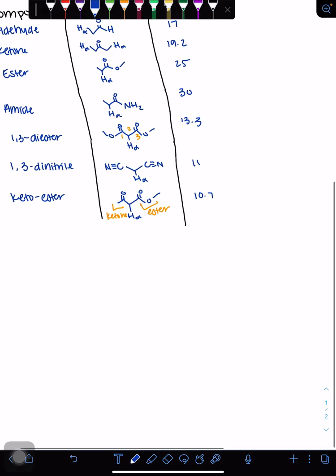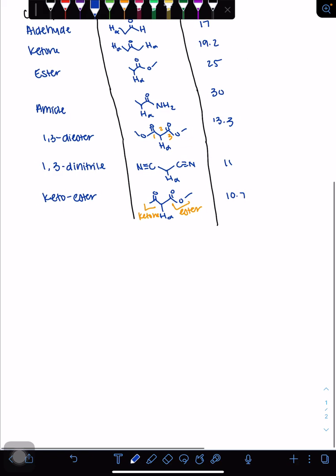Now we can look at a quick reaction. What if we had this compound, and we don't know what we'll react it with to give us this? So we can do the mechanism.